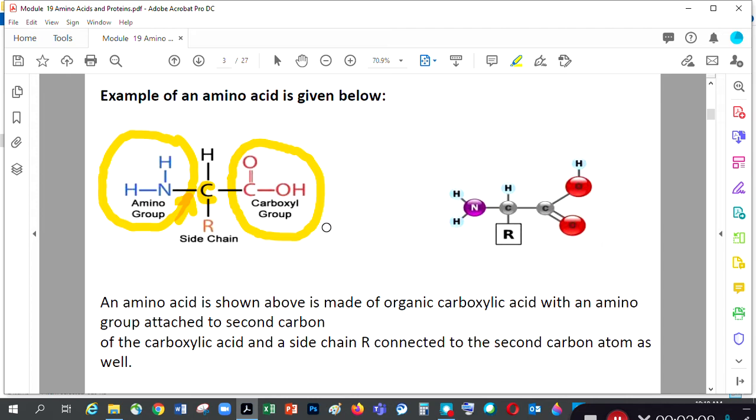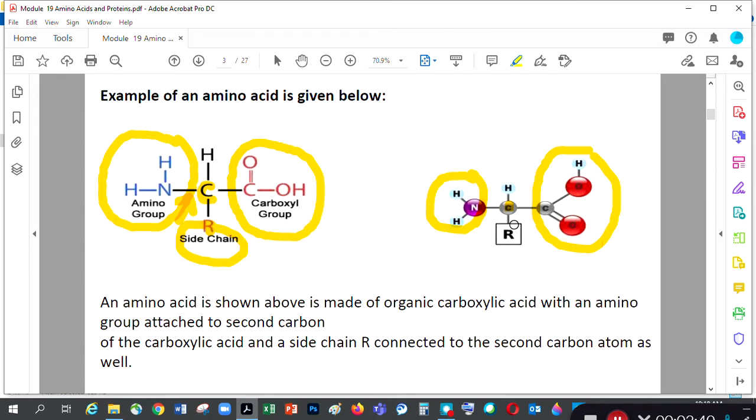So we have the characteristics of this. Here we can look at the whole thing. This is a carboxylic acid, this is the amino group, and this one here is the alpha carbon. And on this alpha carbon, we have a side chain. Look at this side chain.